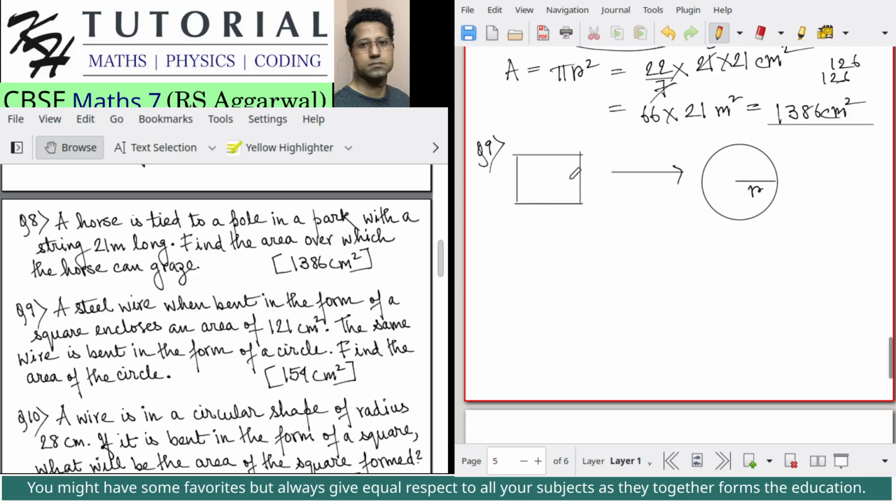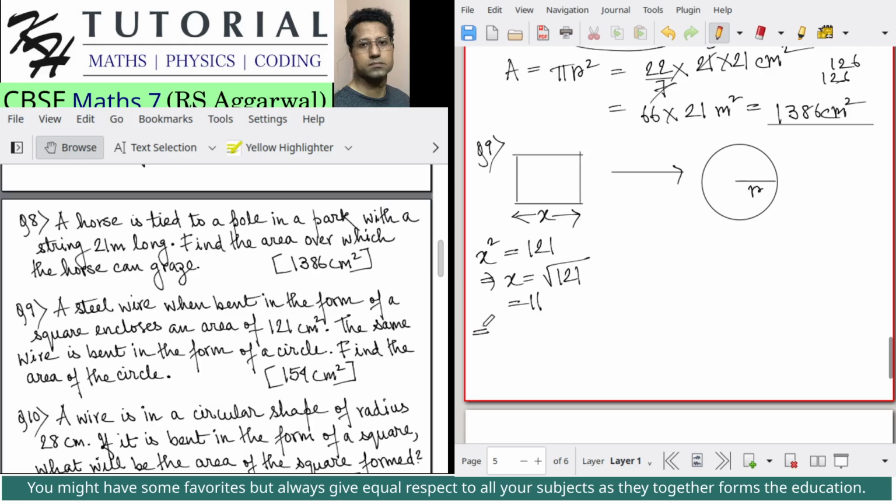Okay. So let's say the length of each side of the square is x centimeter. Then the area of a square of side length x centimeter will be x square. So x square should be equal to 121. This implies x is equal to square root of 121, which is equal to 11.